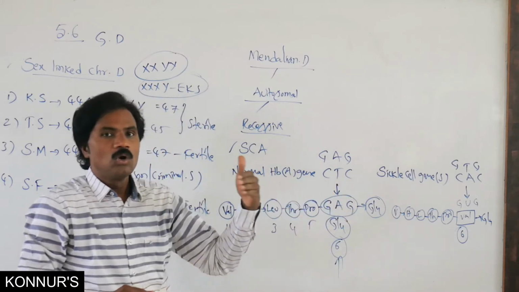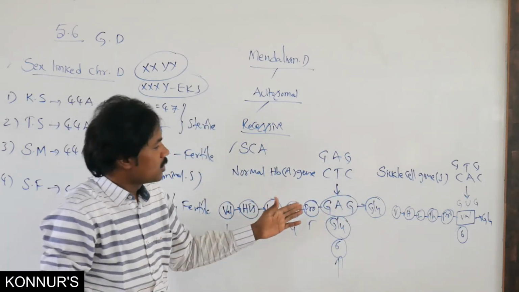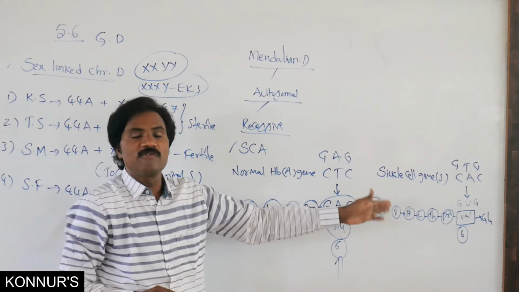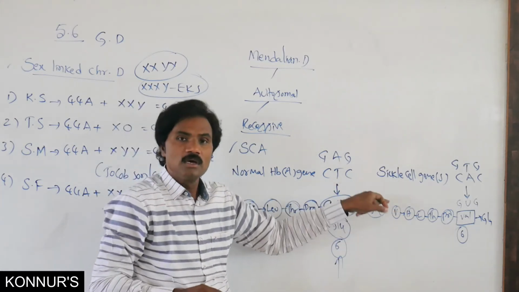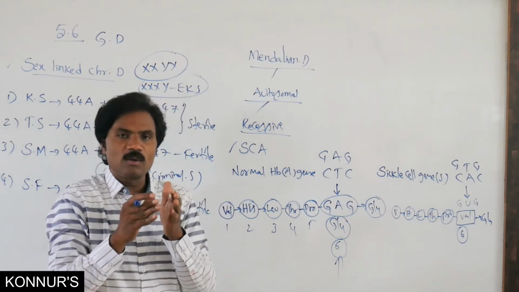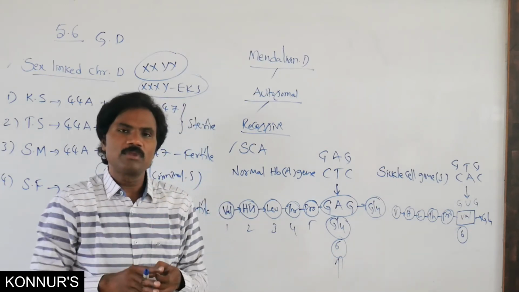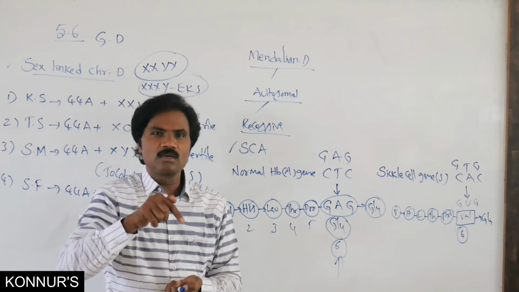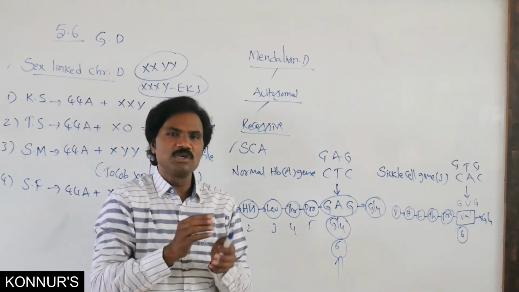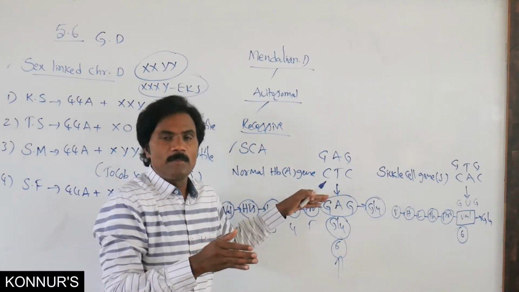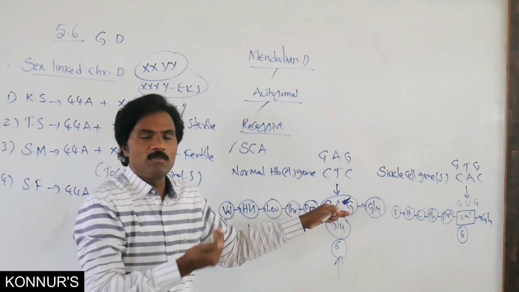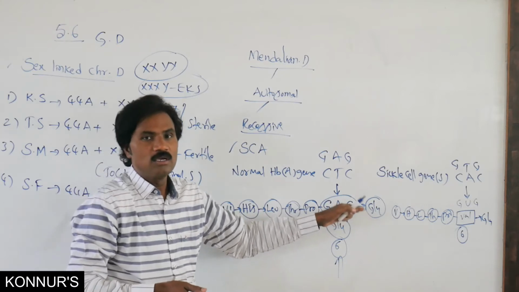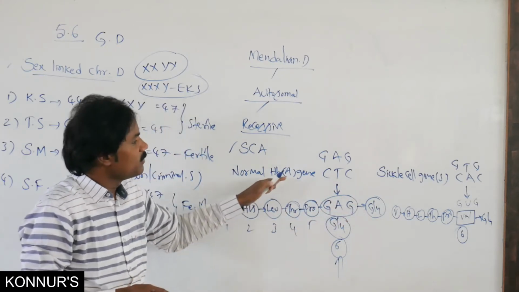Normally it affects people in that particular area, and according to environmental changes, instead of the normal circular biconcave shape of RBC, it becomes a sickle shape, an abnormal shape. Similarly, abnormal function also takes place.